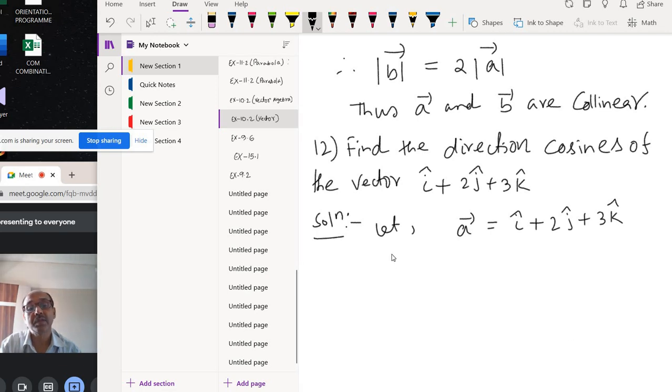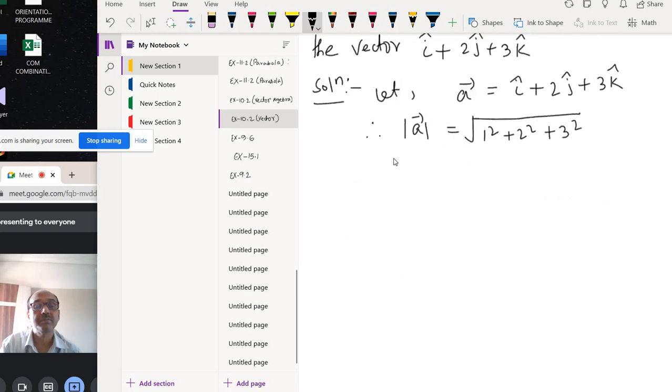Okay, so magnitude of A, therefore under root 1 square plus 2 square plus 3 square, equal to 1 plus 4 plus 9, equal to root 14.